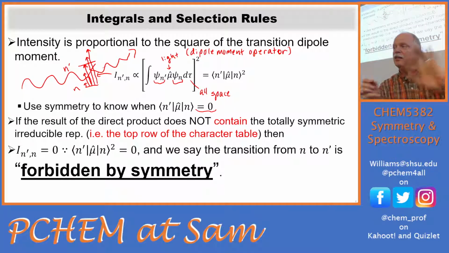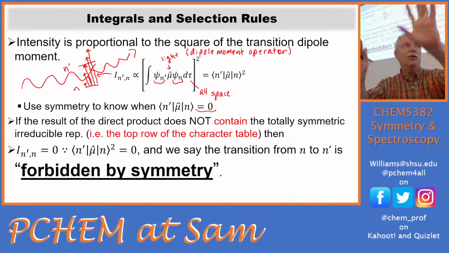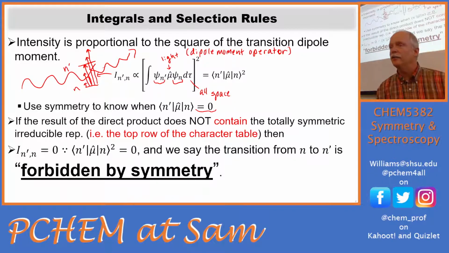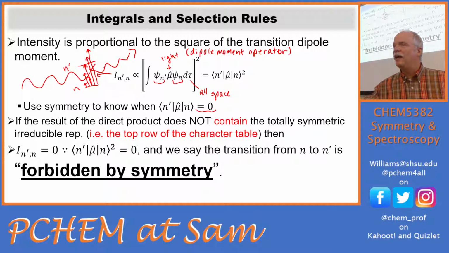But if the symmetry doesn't work, that light will go right through, even though there's an energy level there. And so how would you understand that? It's not just energetics, it's also symmetry. It's not just that if there's an arrow long enough to get you to that energy level, you'll have absorption. If the symmetry doesn't work out, it's forbidden by symmetry and the light will go right through it. Okay. So that's what we're looking for.